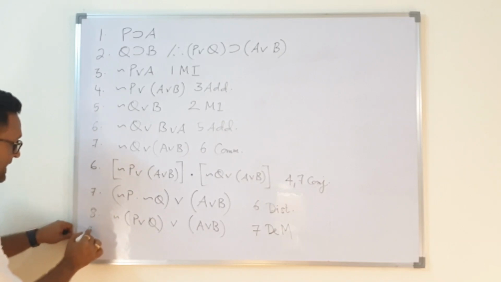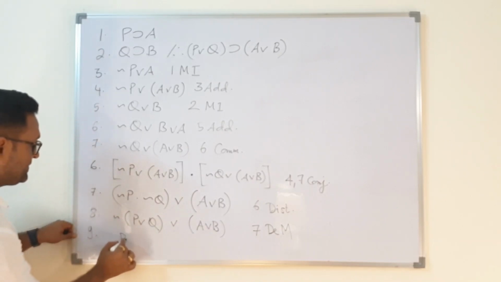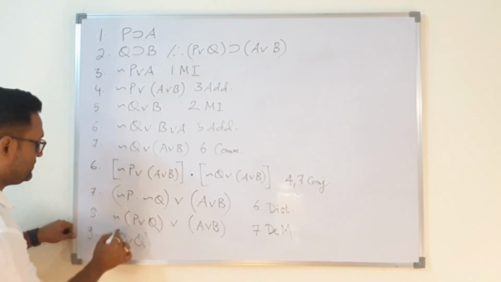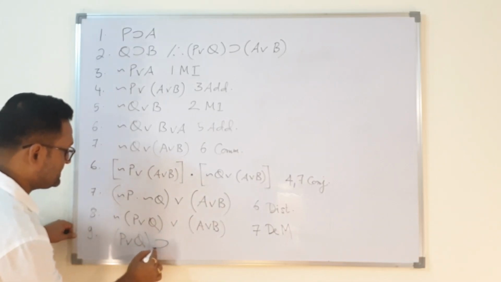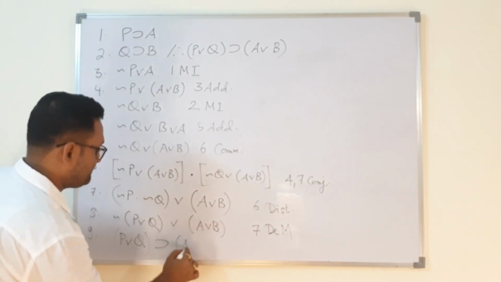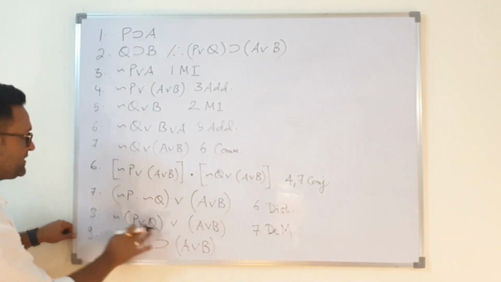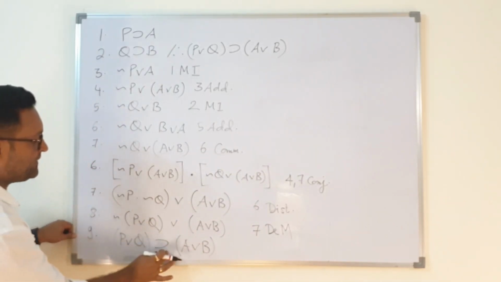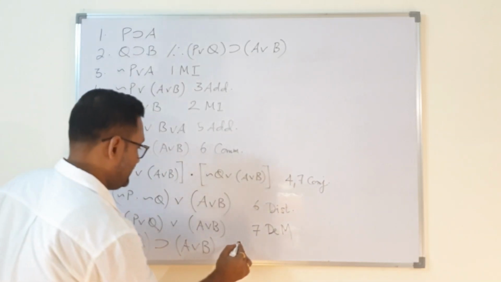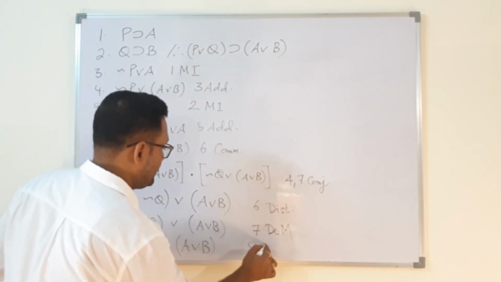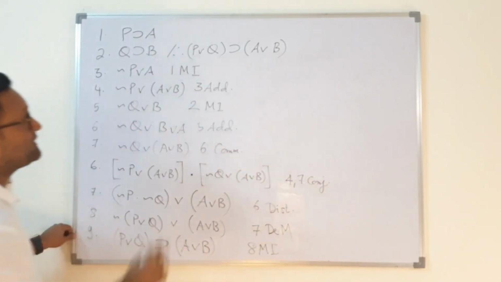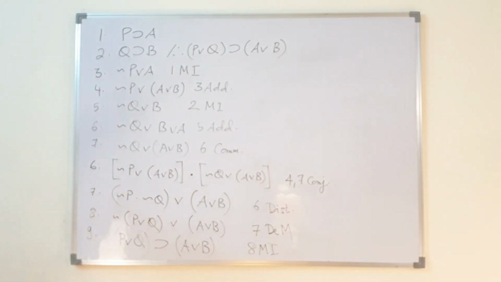And then 9th step will be P wedge Q implies A wedge B. So this negation and this wedge has made this implication, and this will be 8 material implication. So you can see the answer is reached.